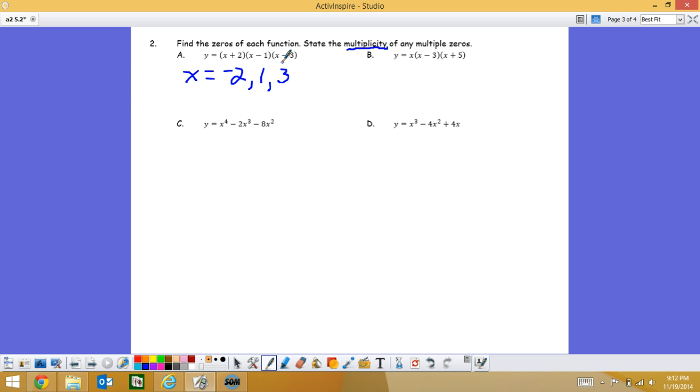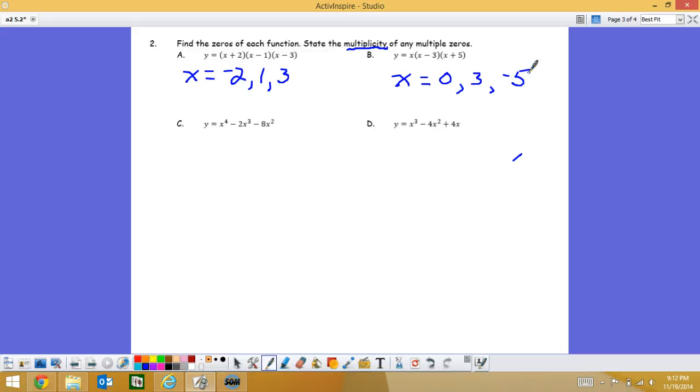Those are the zeros of that function, which means the corresponding graph would have x-intercepts (negative 2, 0), (1, 0), and (3, 0). In the second one, the zeros of that function are 0, 3, and -5, and the corresponding graph would have x-intercepts at the points (0, 0), (3, 0), and (-5, 0).